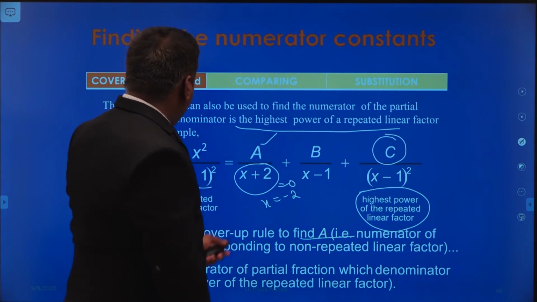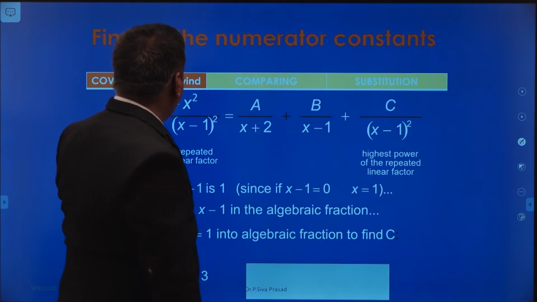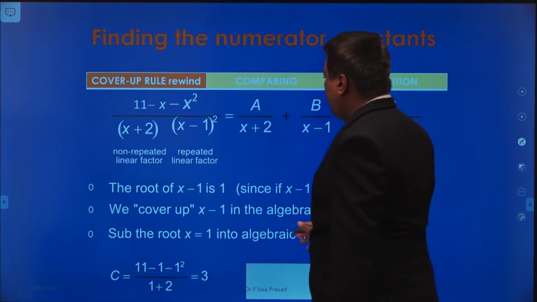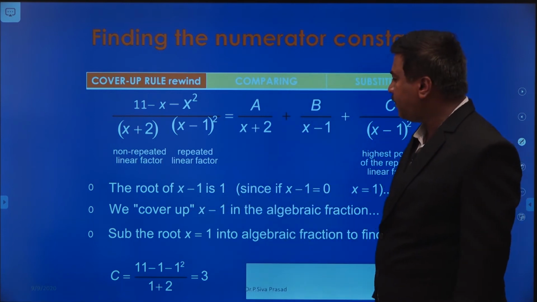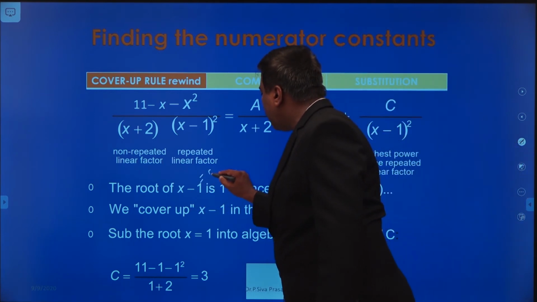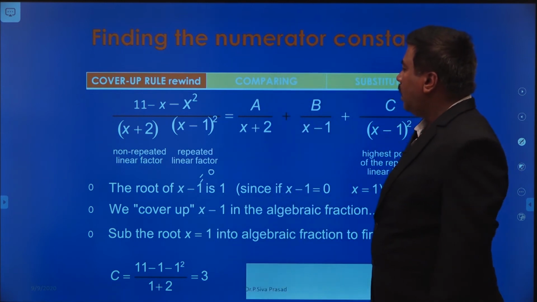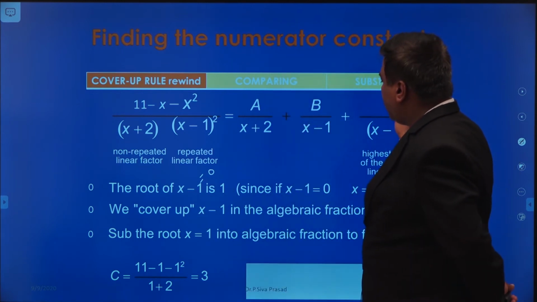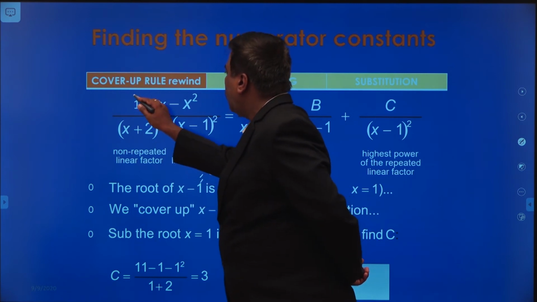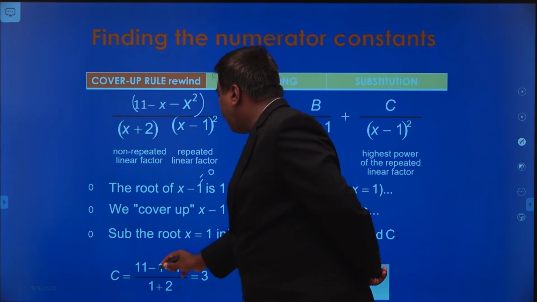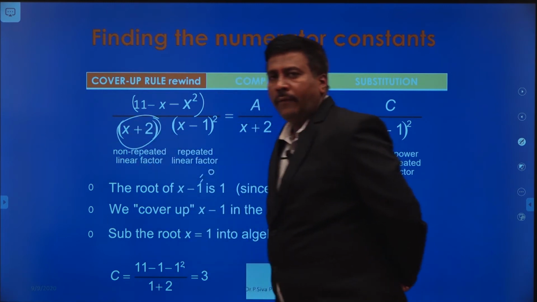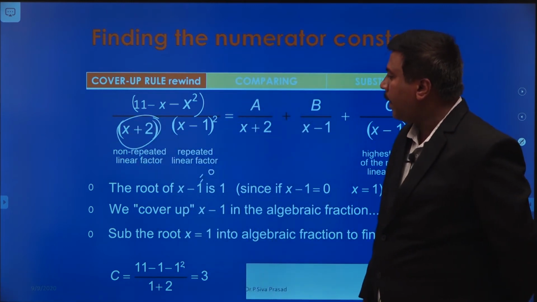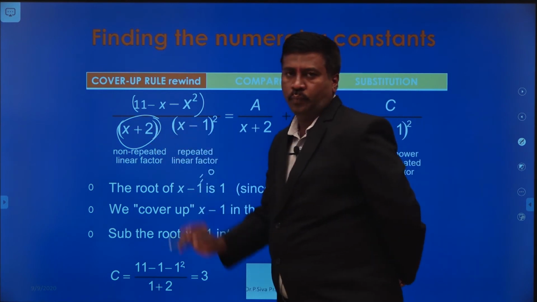So here, the root of x minus 1 is 1. That means x minus 1 equal to 0, then automatically we get x equal to 1. So C is equal to, directly substituting here, 11 minus 1 square by, in that 11 minus 1 whole square by 1 plus 2.